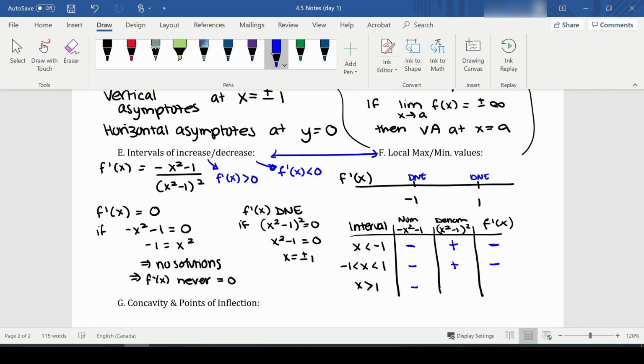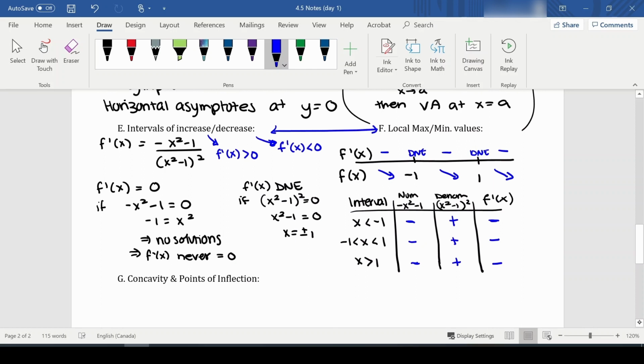Last interval, if I try something like 10 or 5 or 4, if I plug that into my numerator, I'm going to get a negative number. I have something like -4² - 1. In my denominator, again, no matter what I do, I'm positive, so I'm back in the same situation. So this means in all three intervals, f prime is negative. What that means is for f, my original function, I'm decreasing, decreasing, decreasing. This means I'm decreasing everywhere.